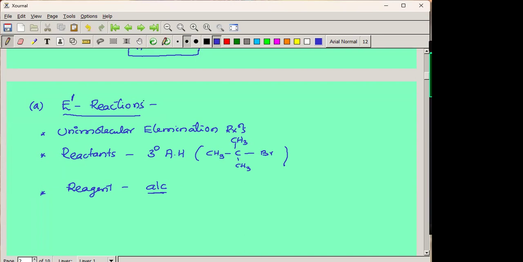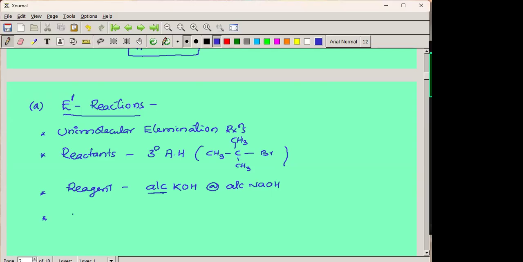In case of elimination, we use alcoholic solvent, but in case of SN1 reaction or SN2 reaction, we use aqueous KOH or NaOH. So here this is alcoholic KOH or alcoholic NaOH. This is used as a base. So that is the reagent used here.